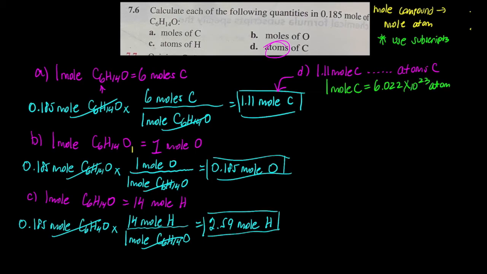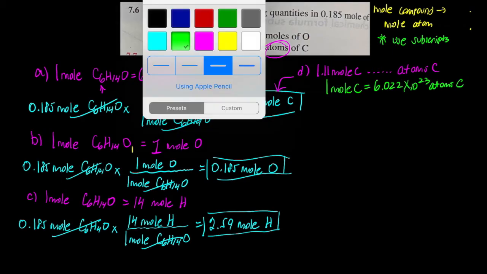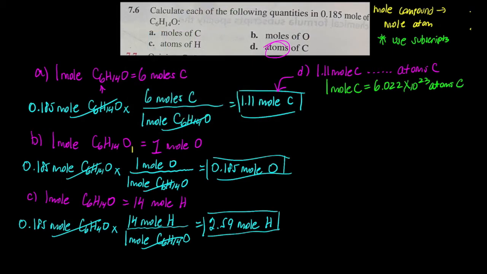atoms of carbon. So when you set up the work, you're going to start on the left with the given units given here from part A. And we set up our fraction bar as usual. And on bottom, we want the 1 mole of carbon to be there, so that the carbon cancels. And on top of this fraction, we want there to be Avogadro's number.